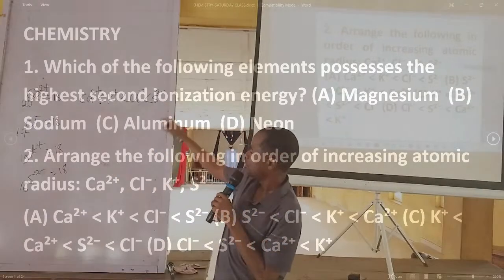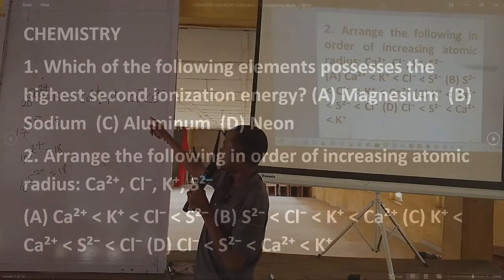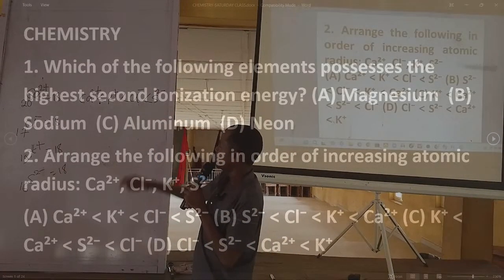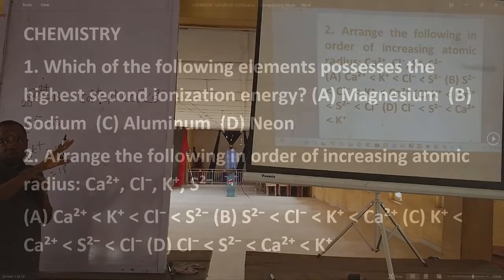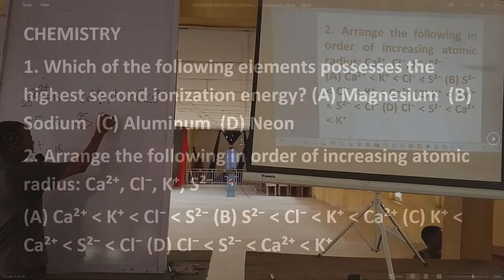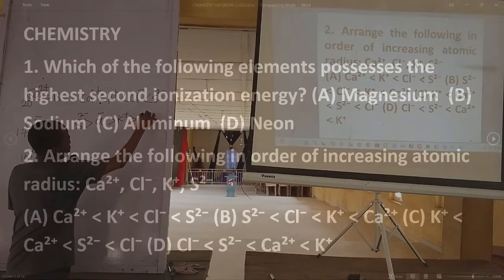So the correct one is going to be calcium ion less than potassium ion less than chloride ion less than sulfide ion. If you don't want to put it like this, if you want to arrange it in decreasing order, then we have S2- greater than Cl- greater than K+ and then greater than Ca2+.